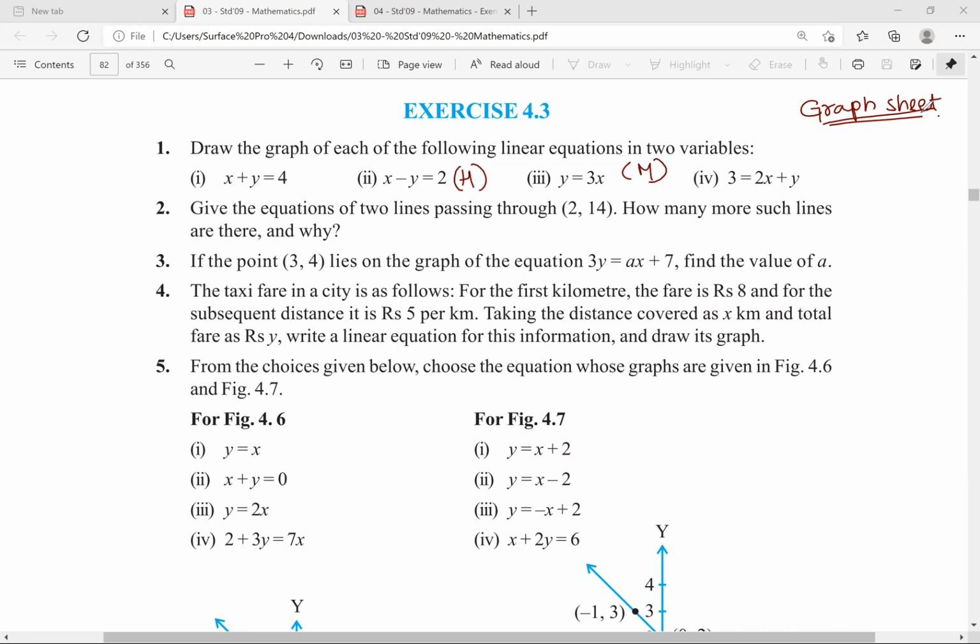Hamna, what you can do is after plotting the graph, you can switch on your camera and show me the graph if it's possible. And Miraj, the same goes for you as well.